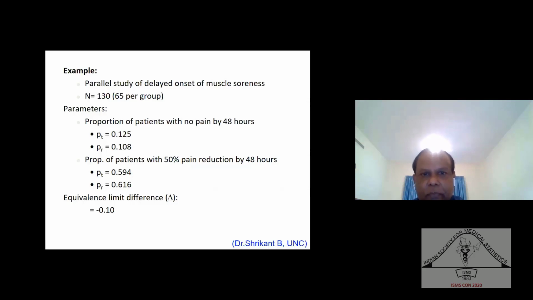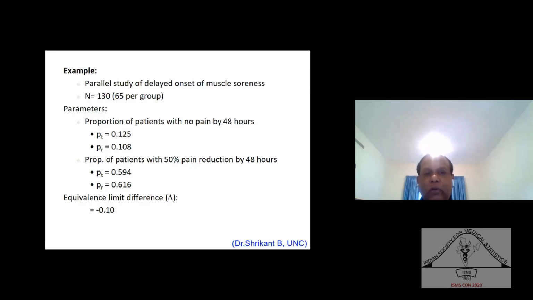If no pain is the outcome, the newer treatment had 12.5%, and the reference treatment had 10.8%. Now the question is whether the difference between the two arms is likely to fall within the non-inferiority margin of minus 10%.